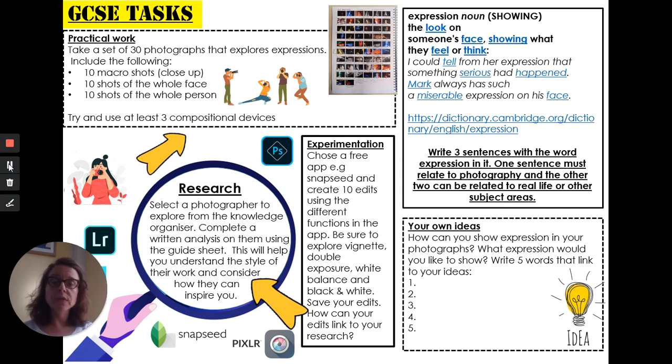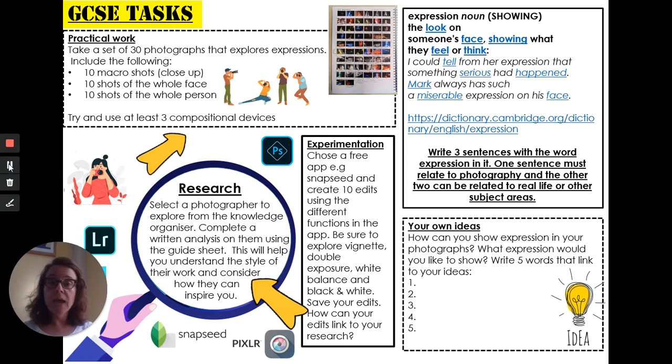So you are using composition, you are able to look for whether an image is sharp or whether it's out of focus, whether the exposure is good, whether it's too bright or whether it's too dark. And I want you to be able to confidently explore those kind of things in your work.